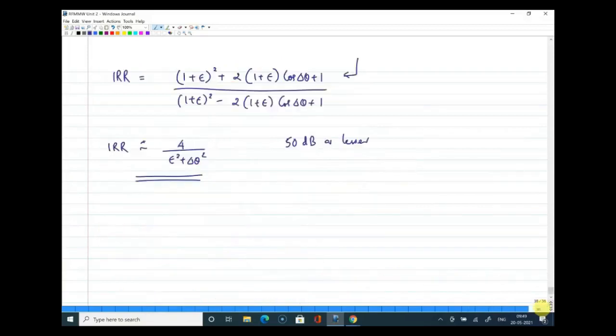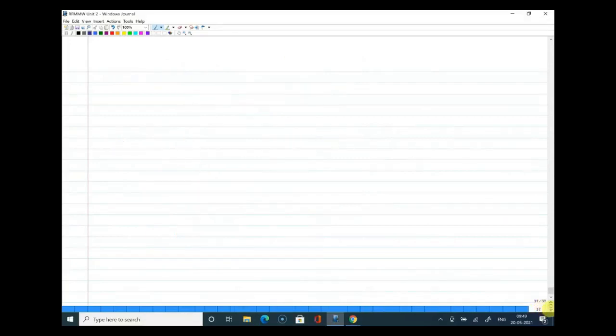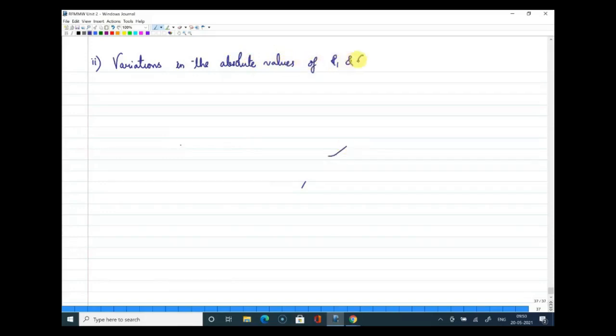Apart from that, one more drawback we can discuss now is the variations in the 90 degree shift, because we know that the RC-CR network's 90 degree phase shift depends on the values of R and C. So there can be variations in the absolute values of the resistors and capacitors, the absolute values of R1 and C1. So I am taking the RC-CR network again.